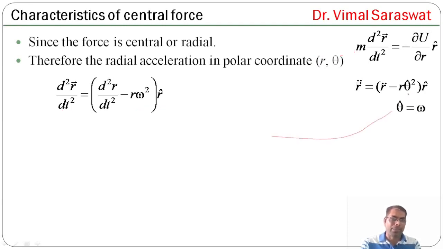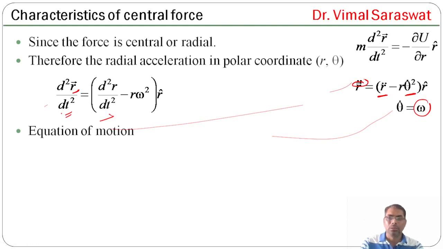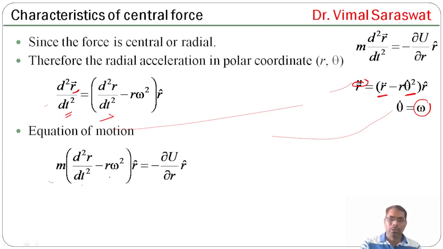So here we replace this theta dot with omega, and this is actually d2r upon dt2, and on the left hand side we have a vector quantity, so d2 vector r upon dt2. Now the equation of motion will be m times d2r upon dt2 minus r omega square r cap equal to minus del u by del r into r cap.